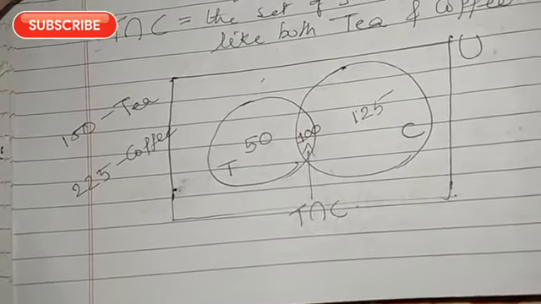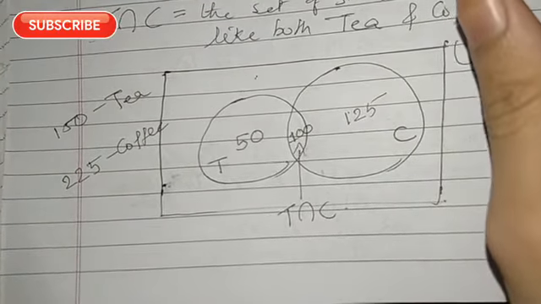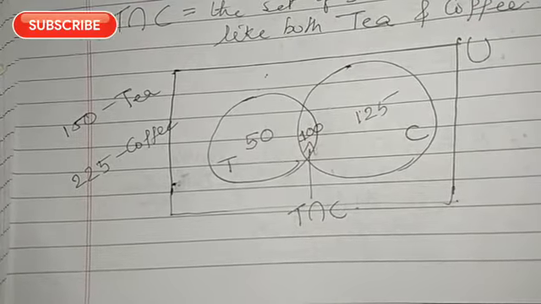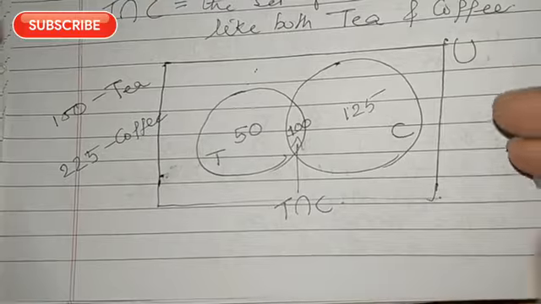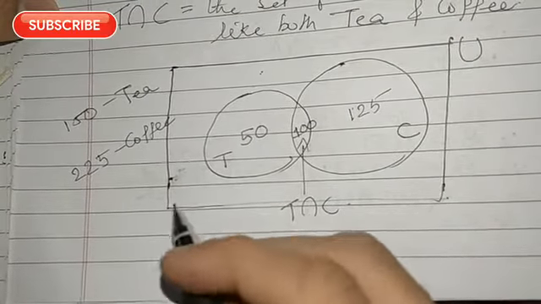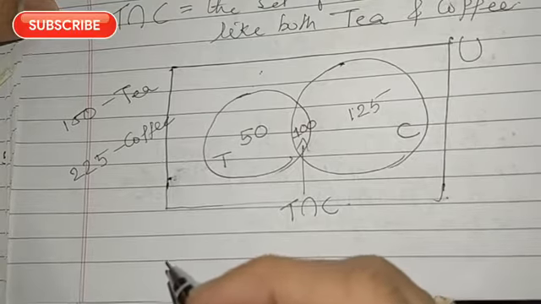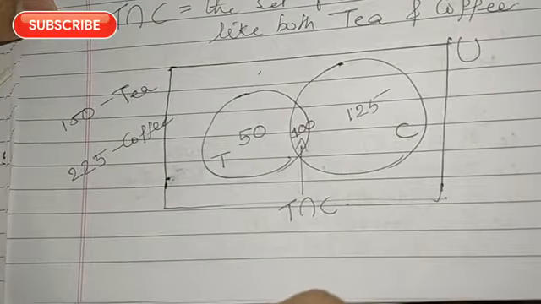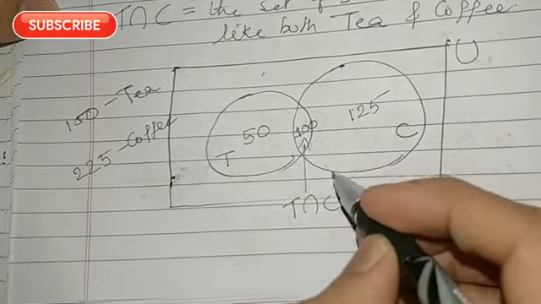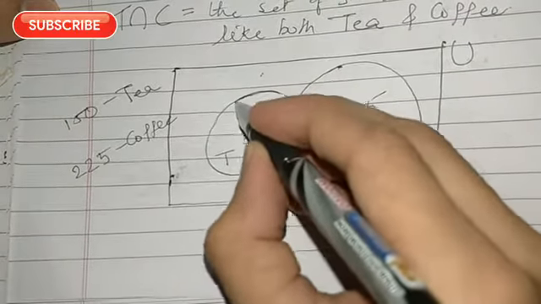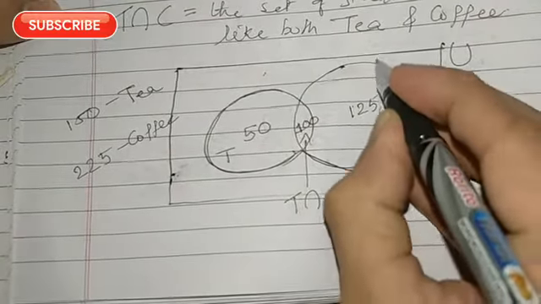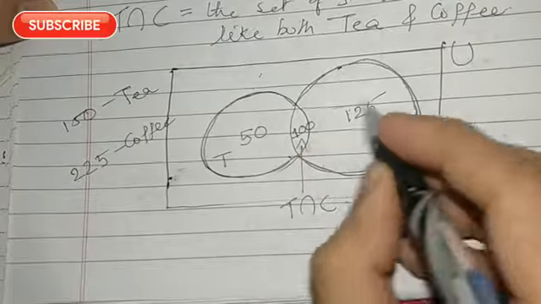Now what you have to find is how many students are taking neither tea nor coffee. So now see where the region is which says neither tea nor coffee. This set contains all the students who like tea or coffee, right?